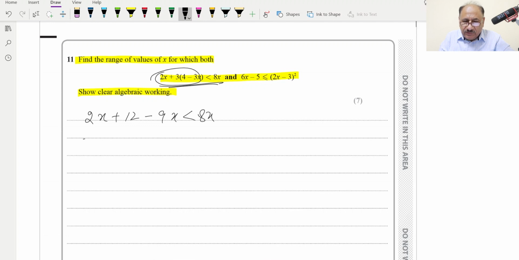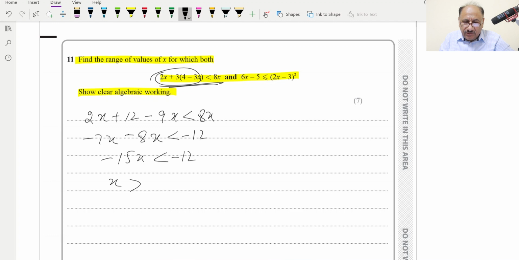So minus 7x is less than basically minus 7x, and 8x also we can shift to the side. So minus 8x is less than minus 12, and this will be minus 15x is less than minus 12, and we can divide by minus 15.